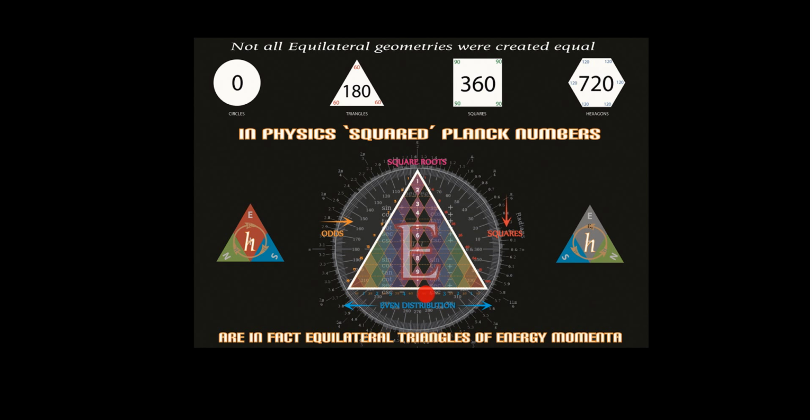These are numbered across the bottom to form an even distribution, or a normal distribution, of energy momenta within the scalar wave, or the scalar field of the energy. And again, this scalar field is made up entirely of positive and negative Planck quanta, or equilateral triangles of energy momenta.